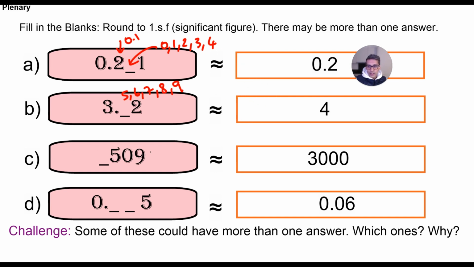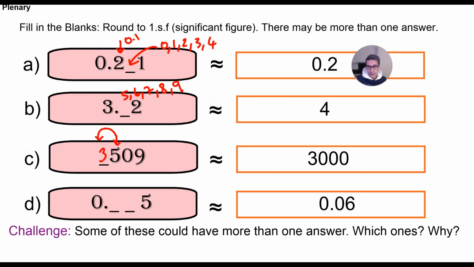Okay, so then question C, this rounds to 3,000. Now, we have two options here. It's either going to be 3 or 4 or 2. 2, 3 or 4. It's rounding to 3,000. Well, let's have a think here. Let's just try 3,000. Now, we know that because the decider is 5, we would have had to round this up, and that would have become 4,000.